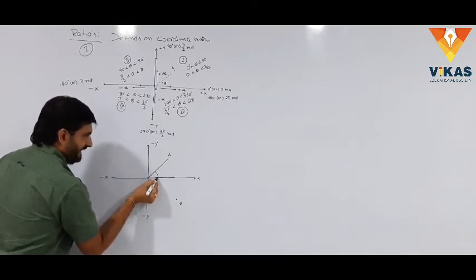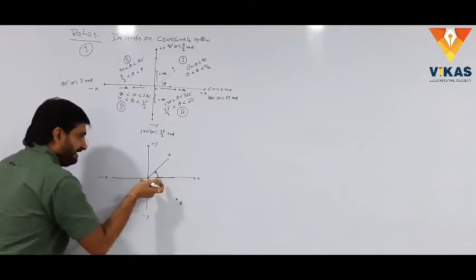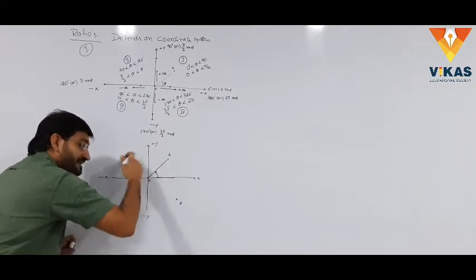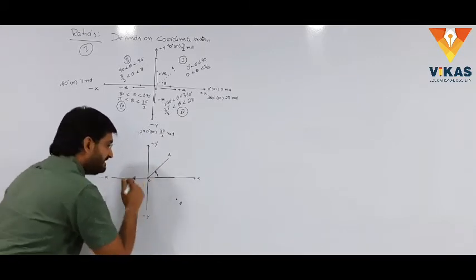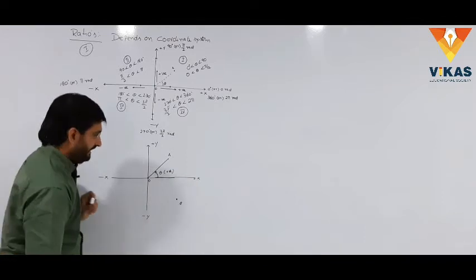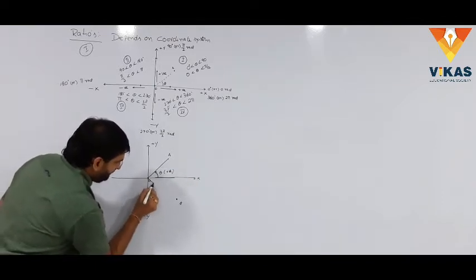The angle is measured from the x-axis to that line like this, which is in the anti-clockwise sense. Here this theta is positive, right? Similarly, we draw the line here.